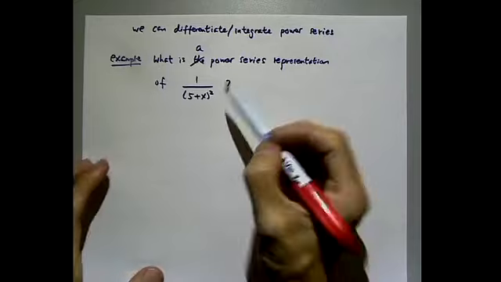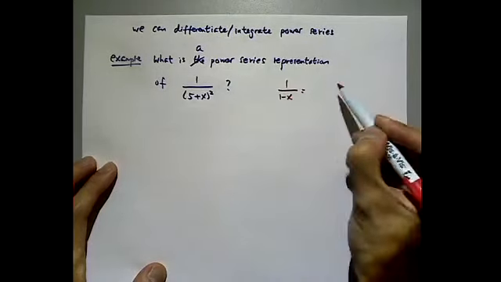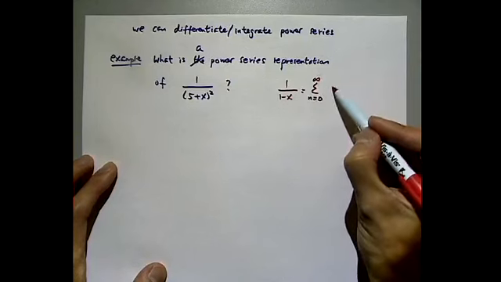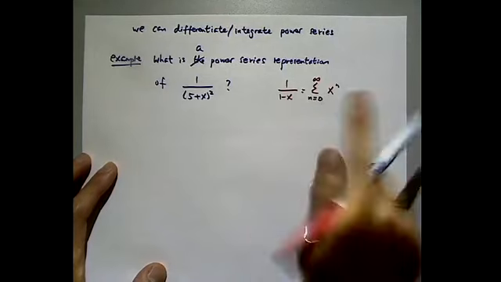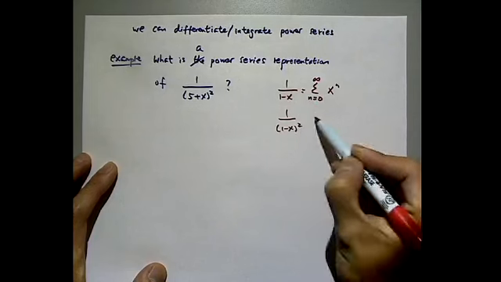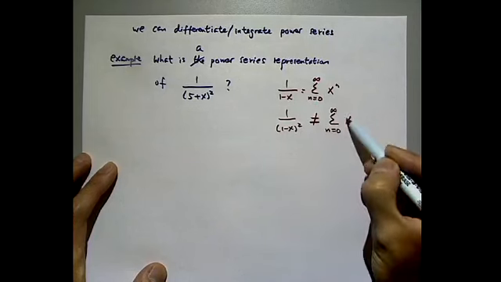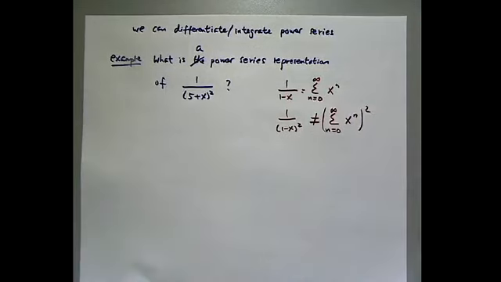So first of all, notice because of this squared here, we have that. But you cannot simply just square everything. It doesn't work that way with power series, at least not that simply. There's a little bit more things involved.